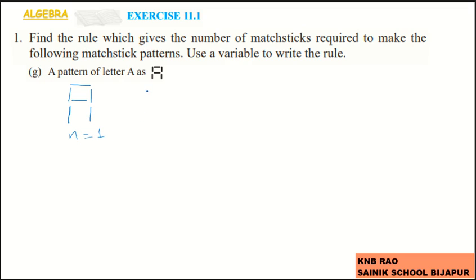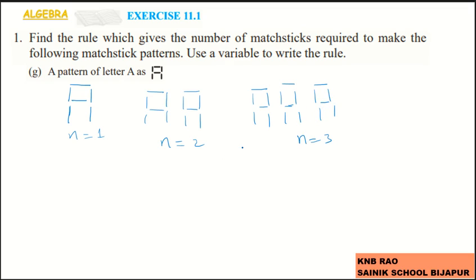So to form 2 A's, 1, 2, 3, 4, 5, 6, and again 1, 2, 3, 4, 5, 6, where n equals 2. Similarly, to form 3 A's, 1, 2, 3, 4, 5, 6, again 6, here 12, and another 6, total 18. So n equals 3 gives an 18 matchstick requirement to form 3 A's.